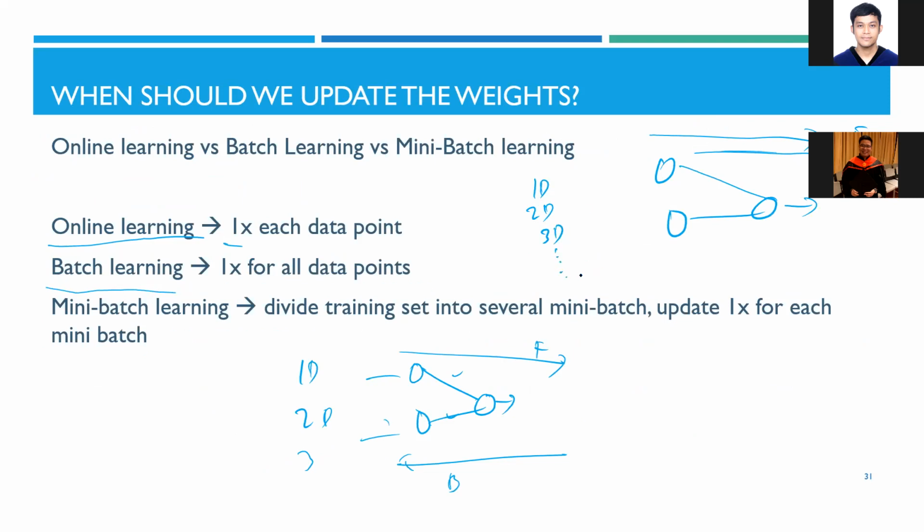Until all data are forwarded, then we have the aggregation of error, the total error, and finally we do backward. So we do only one weight update for all data. If we have 1,000 data in 5 iterations, for example, we only do the backward phase 5 times.